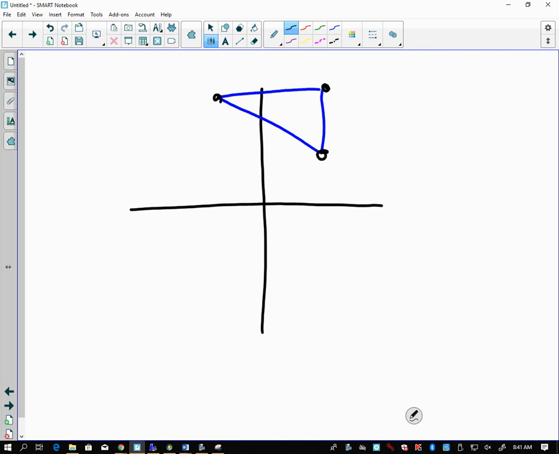If I find a rule, then all I really need are these coordinates. Let's say this coordinate here is -2, 10, this is 4, 10, and this down here is 4, 5. Does that work?